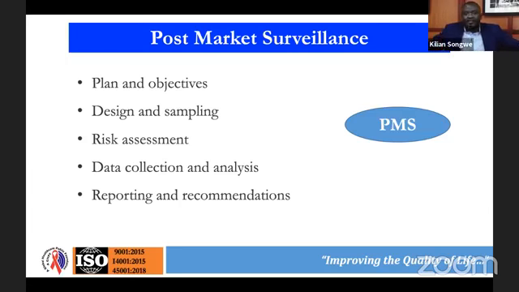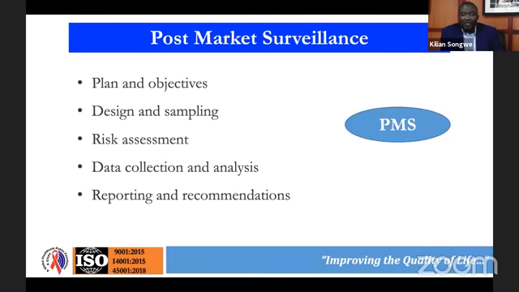We need to consider how the different geographical locations are performing on this assay. We can consider the different levels of the laboratories. For example, in Uganda we have the high-level labs, the middle-level labs, and the low-level labs. How are they performing? So there are different aspects that we can look at when we're designing the post-market surveillance, and that has to come in really handy.